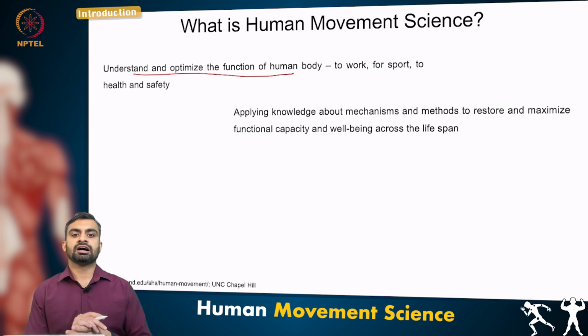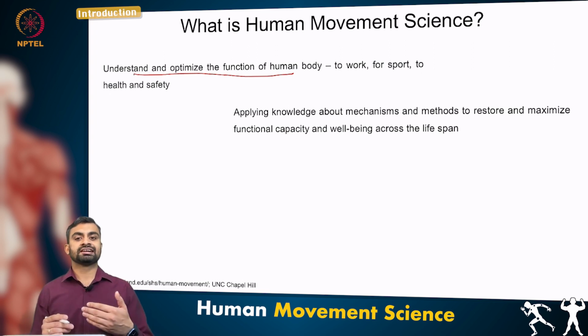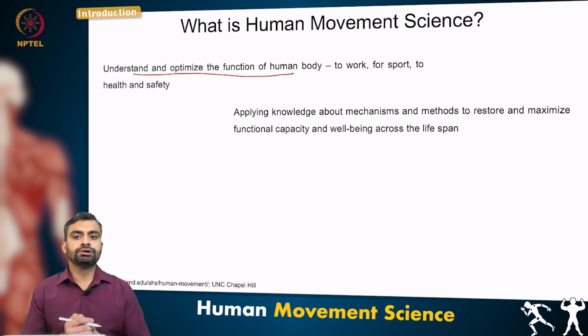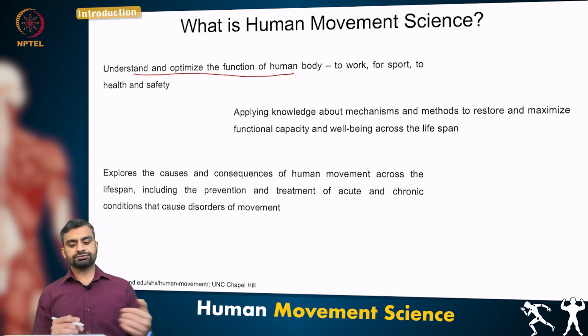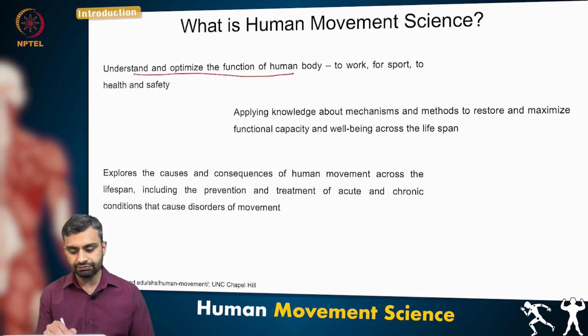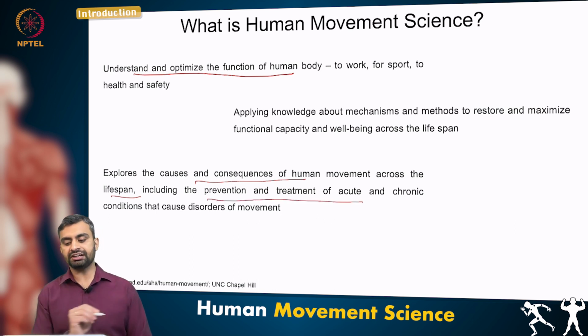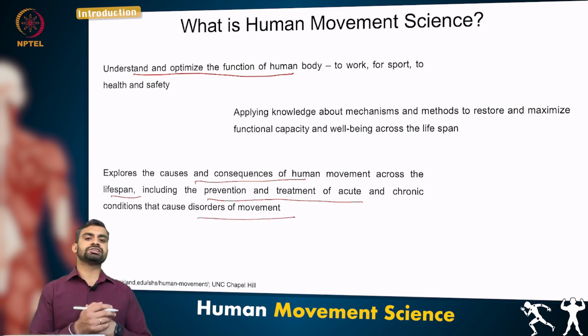This knowledge about mechanisms and methods is helpful to restore and maximize the functional capacity as well as well-being across the lifespan of human beings. In other words, we can say human movement science explores the causes and consequences of human movement across the lifespan, which includes prevention and treatment of acute and chronic conditions that cause movement disorders or result in abnormal movements.